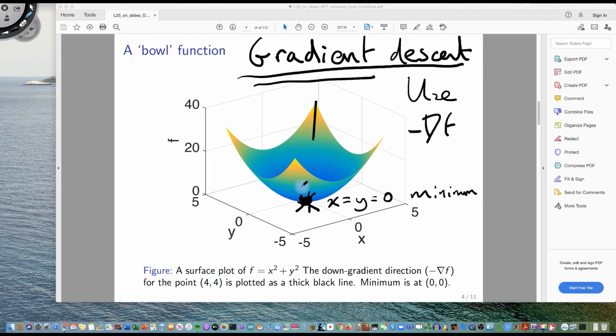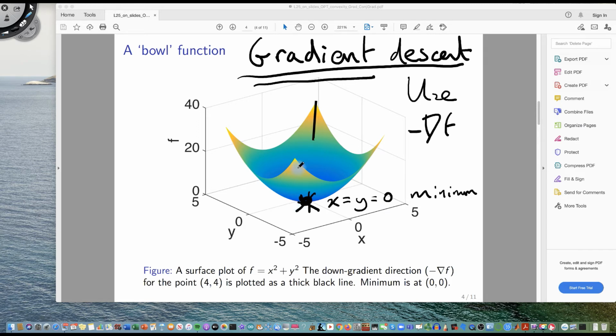So I've plotted a surface plot here of the function, and the colors as they get more yellow show the function increasing. So essentially it's a parabola in both directions, x squared plus y squared. So it's completely symmetric as you rotate round. It's the simplest thing you can think of just to illustrate what's going on.